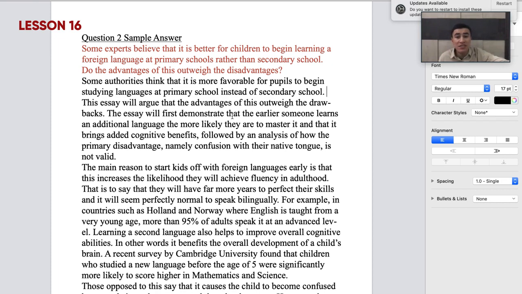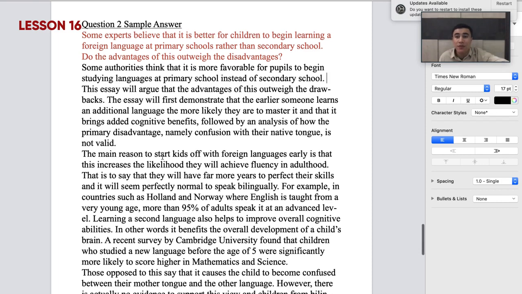The essay will first demonstrate that the earlier someone learns an additional language, the more likely they are to master it, and that it brings added cognitive benefits, followed by an analysis of how the primary disadvantage, namely confusion with their native tongue, is not valid. So, very clear and detailed explanation of your essay structure.